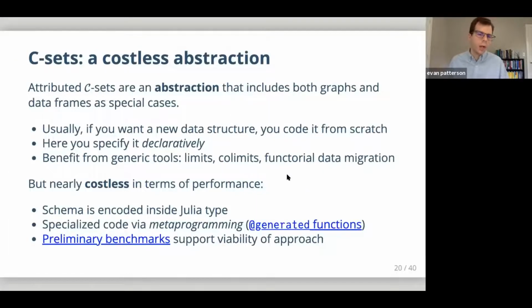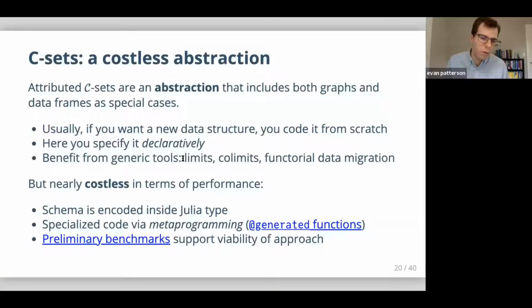Okay, and so the point I want to make about this is that attributed C-sets are an essentially costless abstraction. They're a useful abstraction in that they include both graphs and data frames as special cases. And usually if you want to make a new data structure, you have to code it up from scratch, whereas here you can specify it in a declarative way.